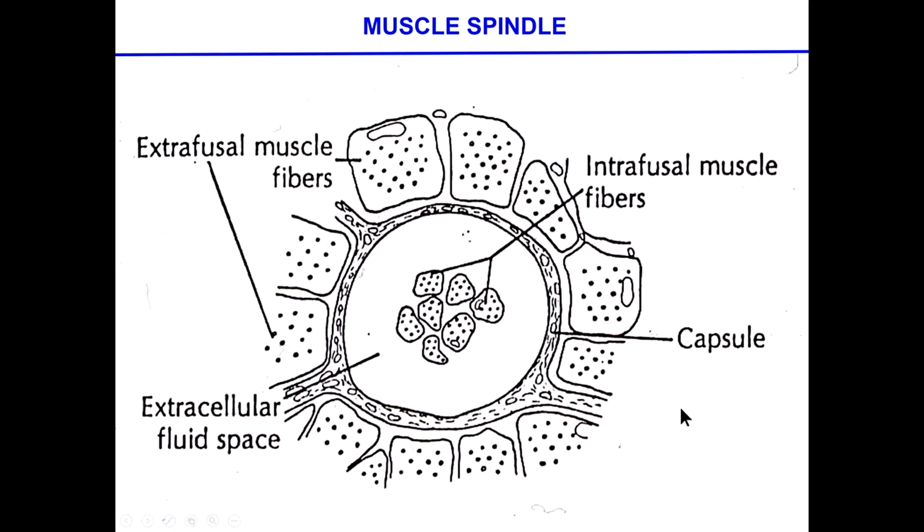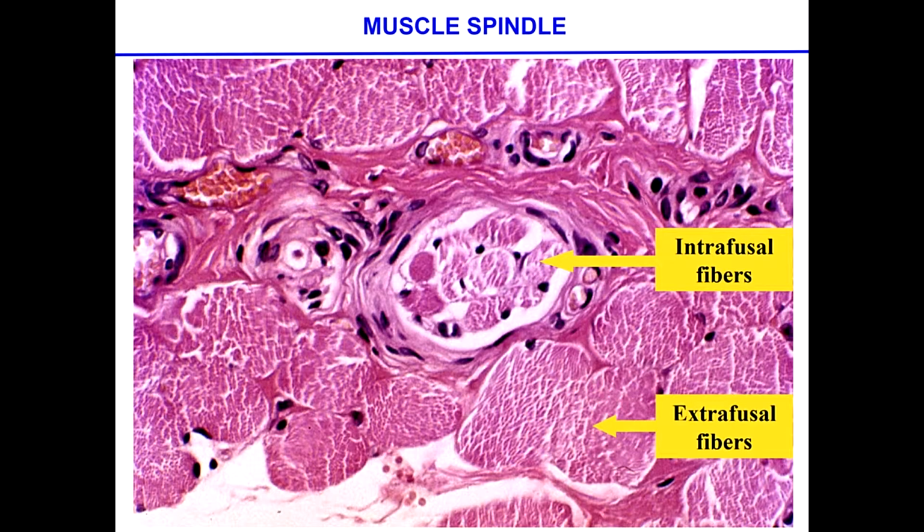Okay, so this is primarily a sensory organ, a sub-organ, if you want, within the muscle tissue. This is another view of this. You can see the intrafusal and the extrafusal. But I want you to realize one thing.